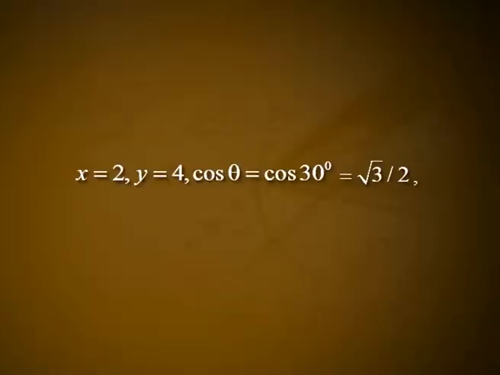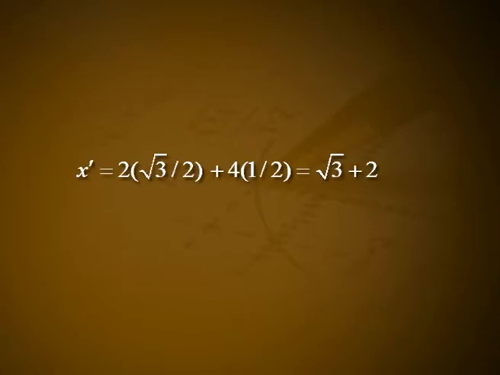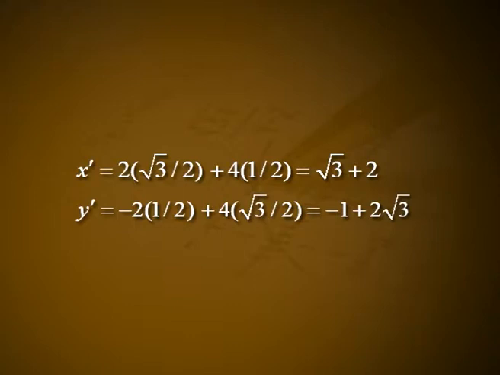Using the rotation equations with x = 2, y = 4, cos θ = cos 30° = √3/2 and sin θ = sin 30° = 1/2, we obtain x′ = 2·(√3/2) + 4·(1/2) = √3 + 2. y′ = −2·(1/2) + 4·(√3/2) = −1 + 2√3. Thus, the new coordinates are (√3 + 2, −1 + 2√3).